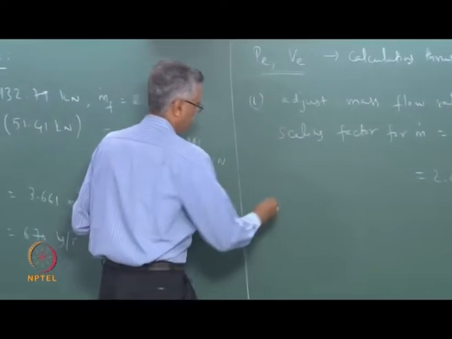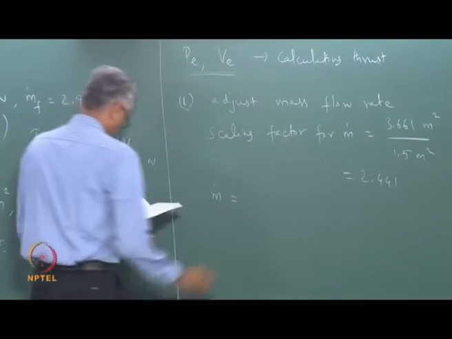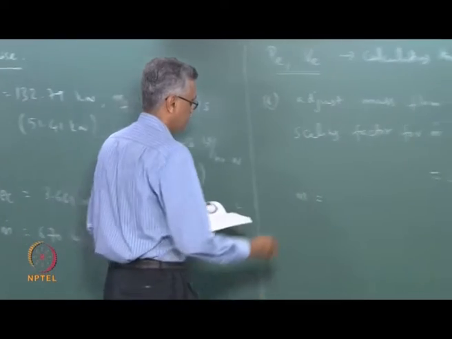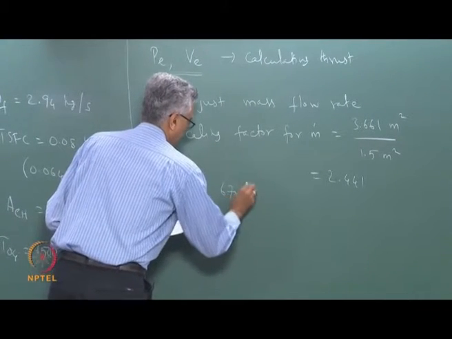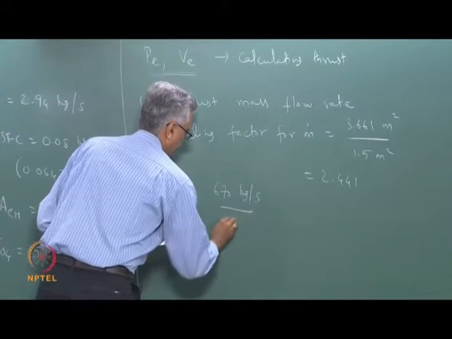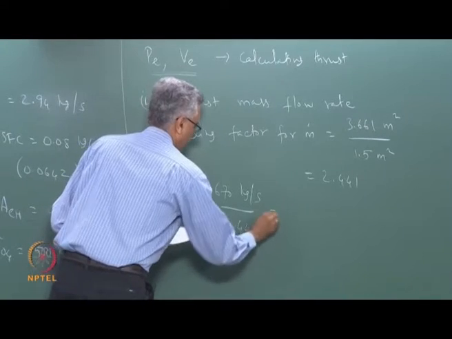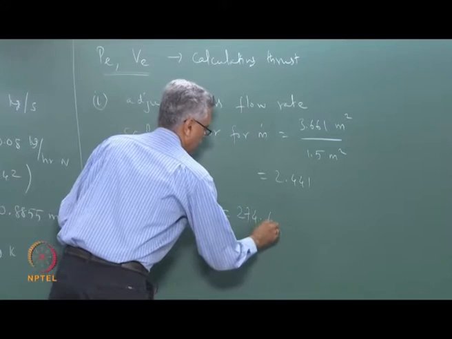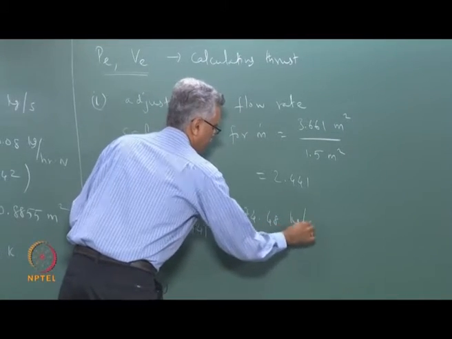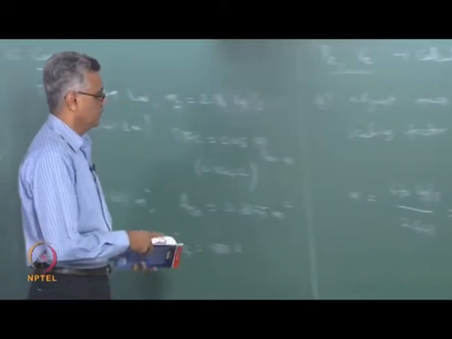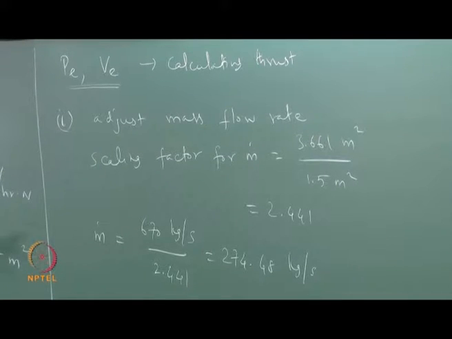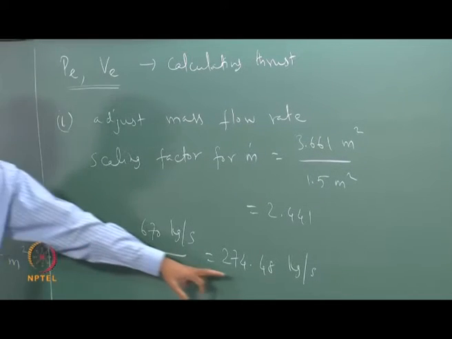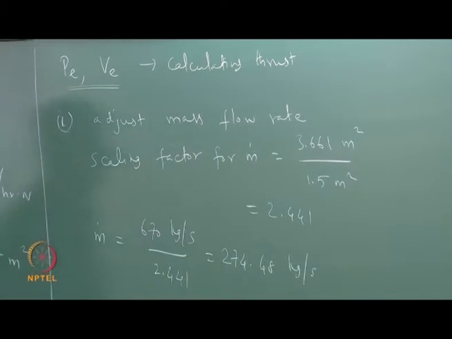So m dot now has to be adjusted to 670 kg per second divided by 2.441, which gives me 274.48 kg per second. So the mass flow rate has to be reduced from 670 kilogram per second to approximately 274 kilogram per second.